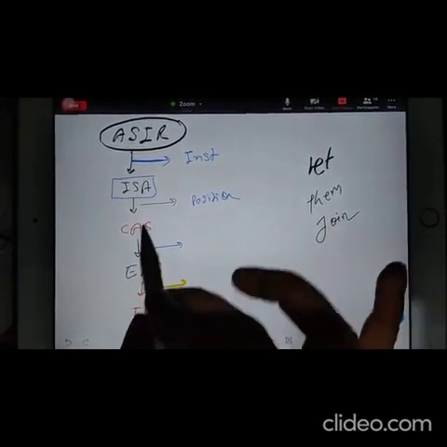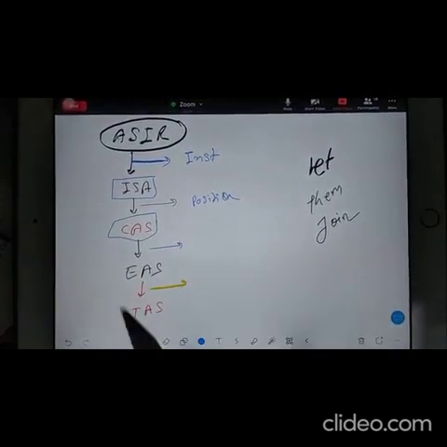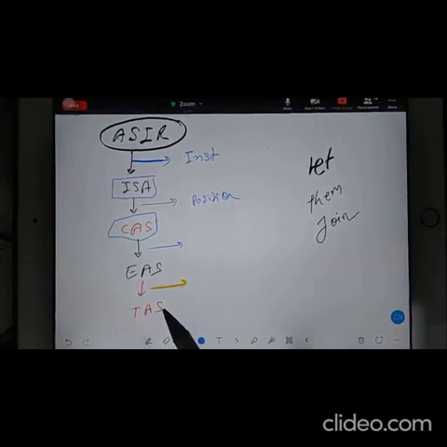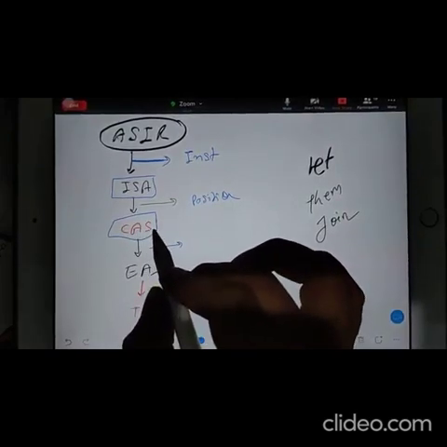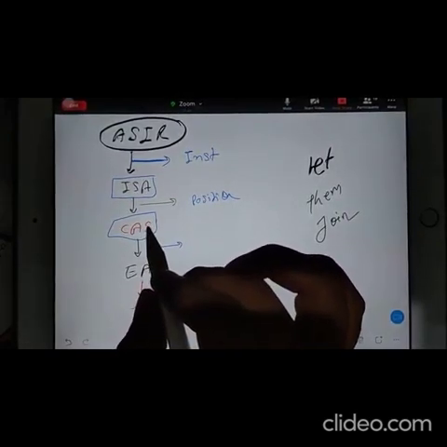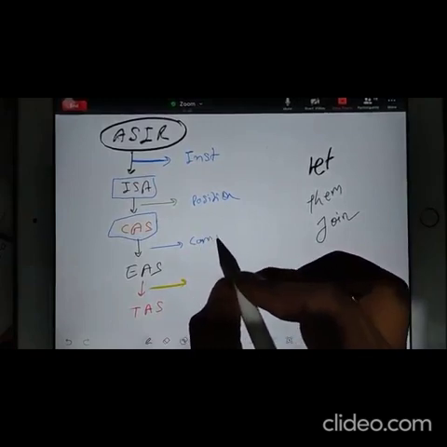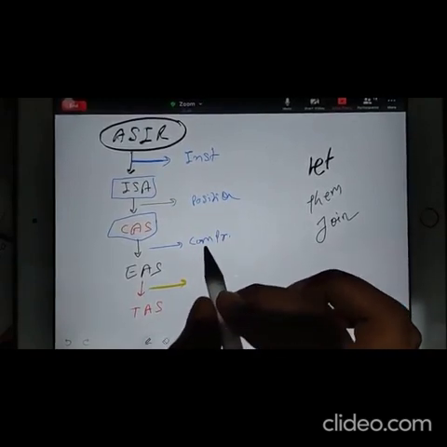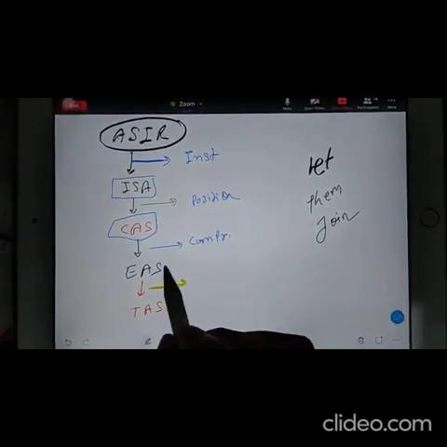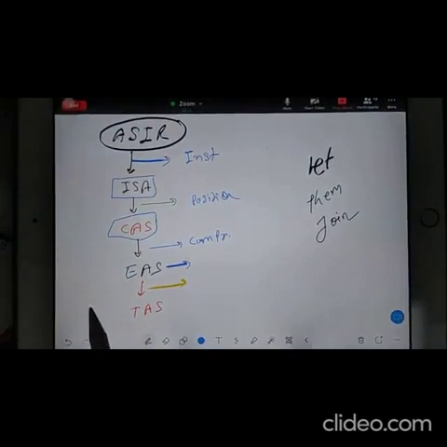Then you will get calibrated airspeed. Again, in calibrated airspeed you have an error. Which error? Compressibility error. So you remove that error also, and then you are going to get another type of speed, that is equivalent airspeed.